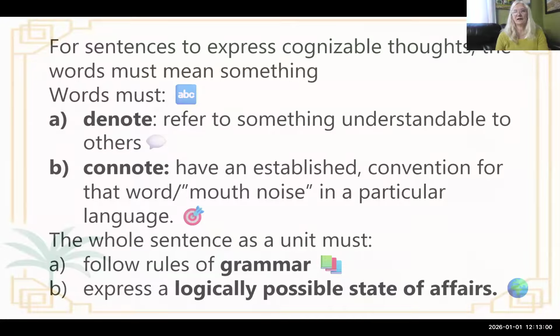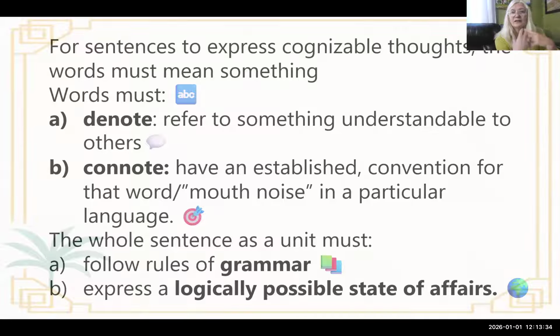For sentences to express cognizable thought that is understandable to other thinkers, which again is what reasoning is about, the thoughts must mean something. So thoughts must both denote and connote. To denote is to refer to something that is understandable to others. If I talk to you about being hungry, even though that's not an external state, that's an internal state, it's one shared and cognizable, understandable to others.